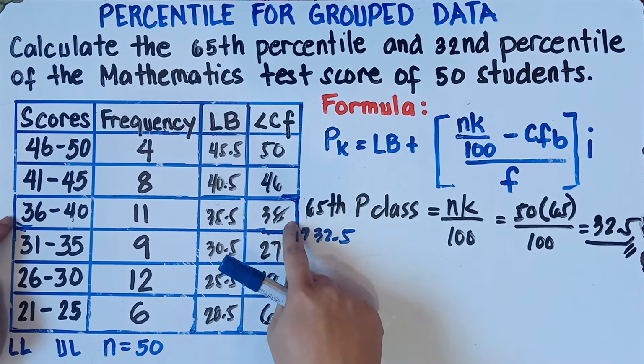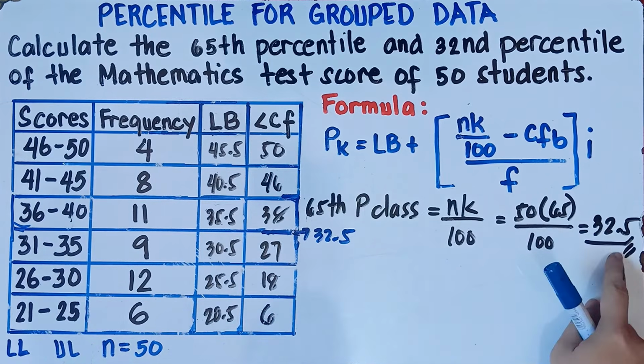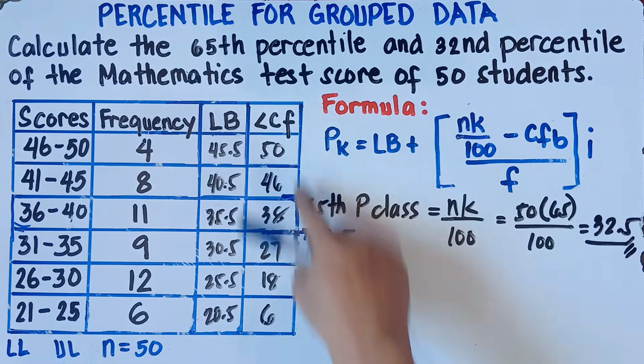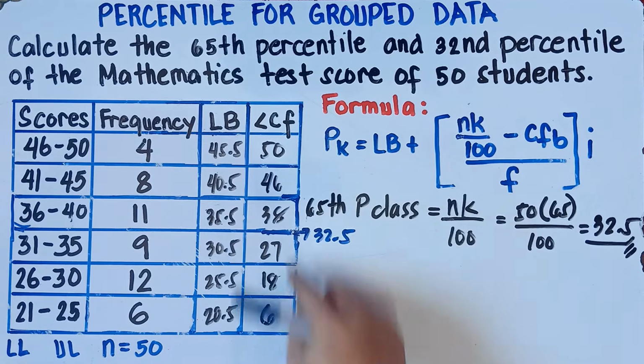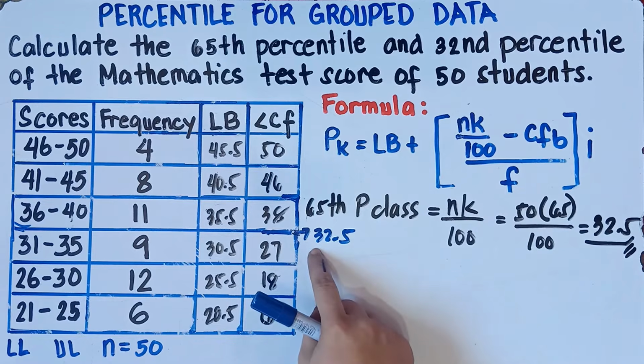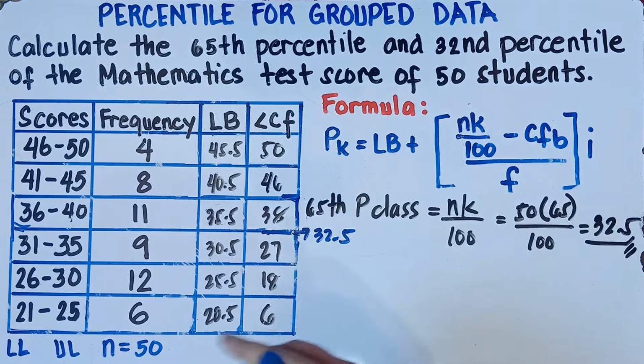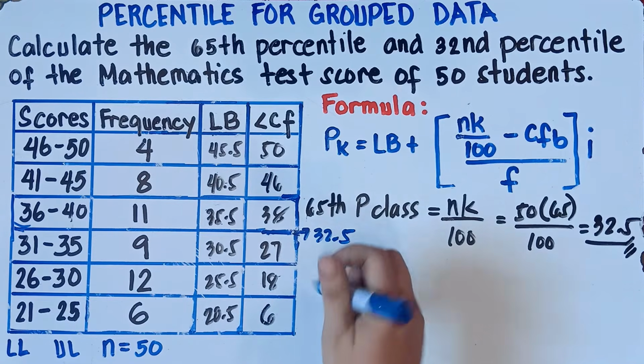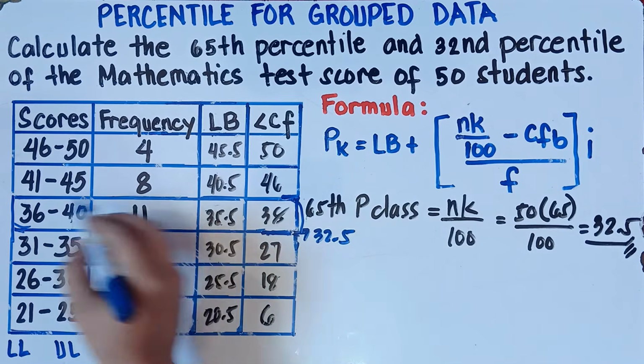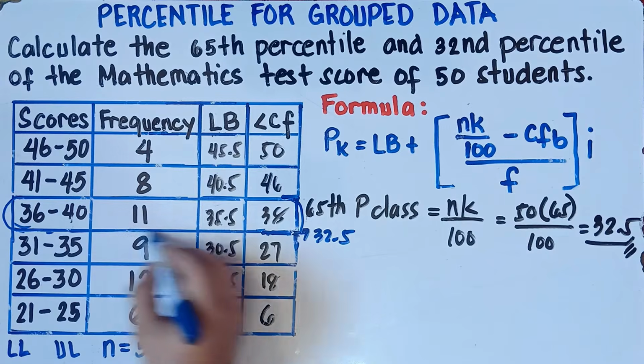So we select 38. Once again, class, you find 32.5 in the less than cumulative frequency. We don't have 32.5, but it is in between 38 and 27. Therefore, we select the one greater than 32.5, and that would be 38. So, this will be our percentile class.